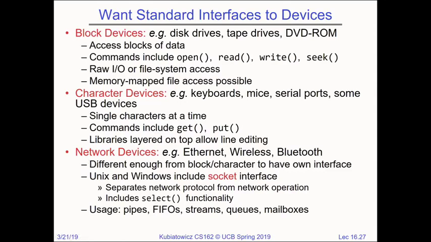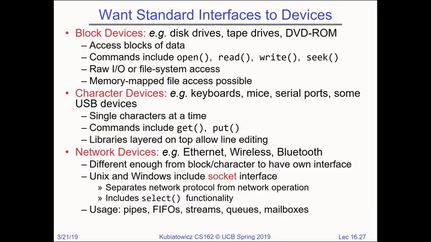I want to wake up as soon as any of them have any characters coming in. And so here we get pipes and FIFOs and streams and queues and mailboxes, and all that stuff is down at the network level. So these three types of devices, block, character, and network devices, are pretty standard across a bunch of operating systems, and they represent different classes of device drivers and different classes of device management. Okay, questions?